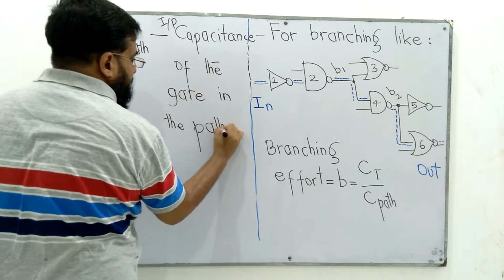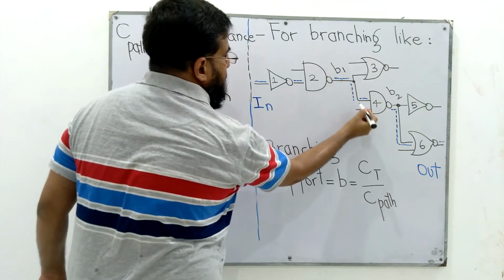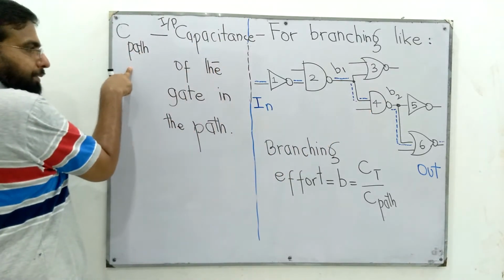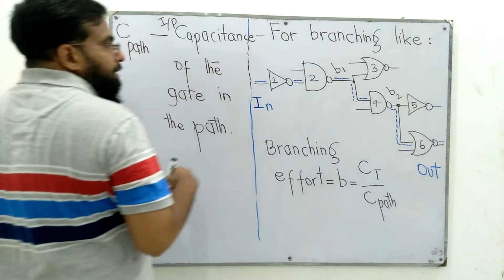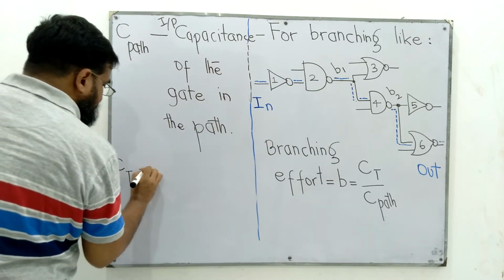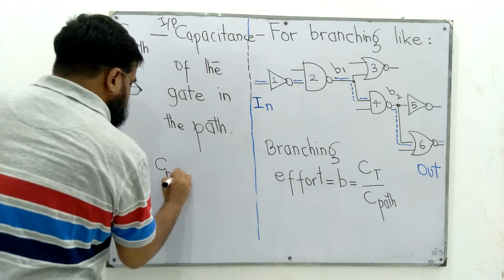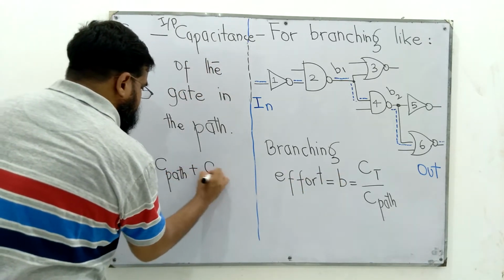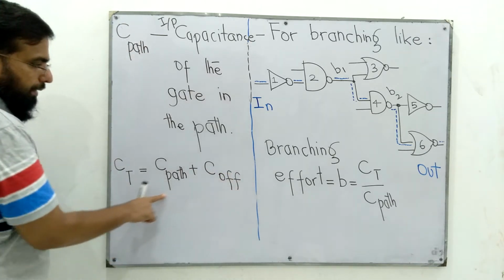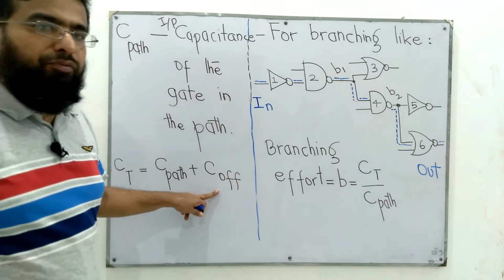Here at the output of gate number 2, gate number 4 is in the path, so its input capacitance is C path, the capacitance of the gate that is in the path, whereas CT, the quantity in the numerator, is C path plus C off, the capacitance of the gate that is in the path plus the capacitance of the gate or gates that are off path.